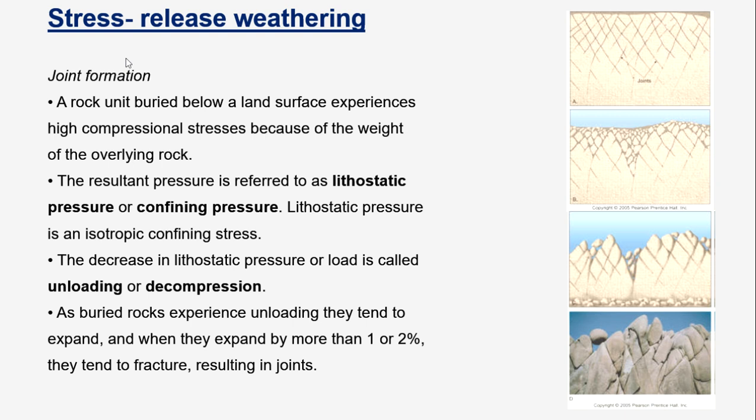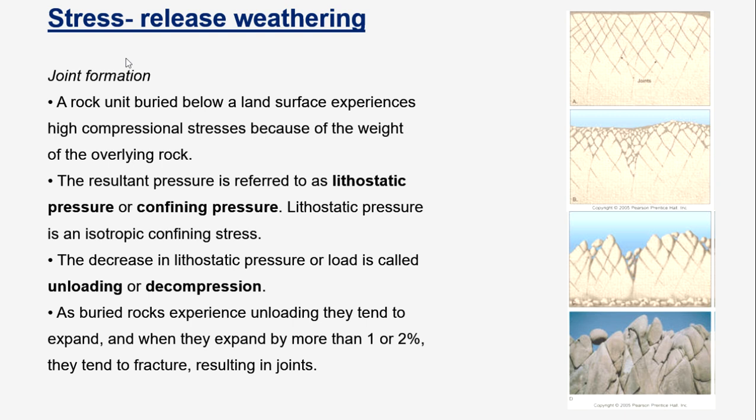The third one is the stress release weathering. In this, a rock unit buried below a land surface experiences high compressional stresses because of the weight of the overlying rock. If some of the overlying rock is removed by erosion, compressional stresses on the rock unit are reduced and the rock unit rebounds upward.